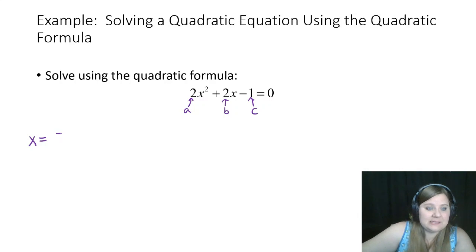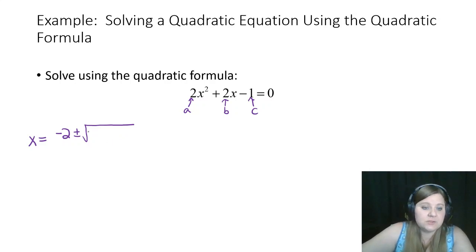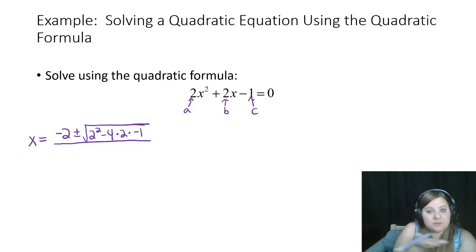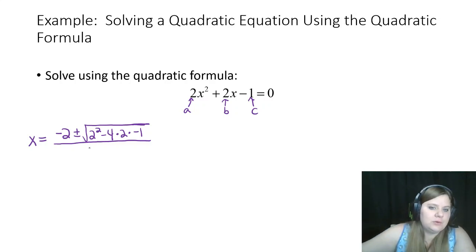Negative b is negative 2 plus or minus the square root. b squared is 2 squared minus 4 times a, which is 2, times c, which is negative 1. Make sure you carry that square root all the way over. All over, and you'll notice that that fraction bar goes under the whole thing. 2 times a, which is 2.